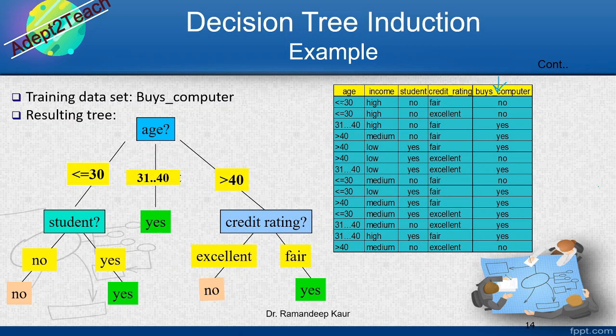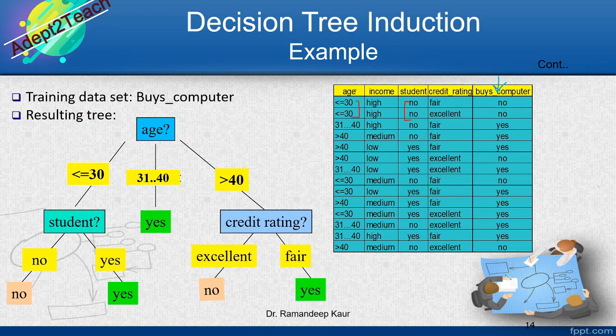If we see the data carefully, the age categories depend upon whether the person is a student or not, and based on that you can identify whether they are going to buy a computer or not. So we are trying to identify the conditions here.